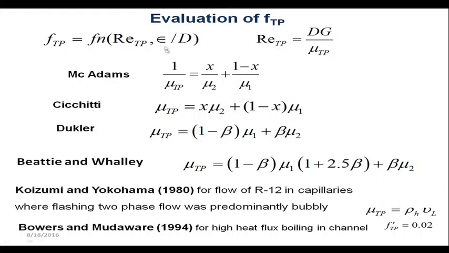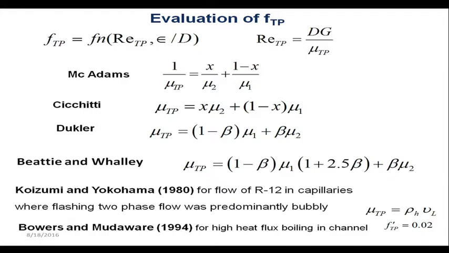Accordingly, in macro systems, what do we find? We find that several mu TP expressions have been proposed, and they have also been tried in micro channels, and people have observed that for some cases the Dukler expression is good, in a few cases the Cicchitti expression is not bad, but in micro channels a few other averaging laws for mu TP have been provided, and the Beattie and Whalley correlation is one such important thing.